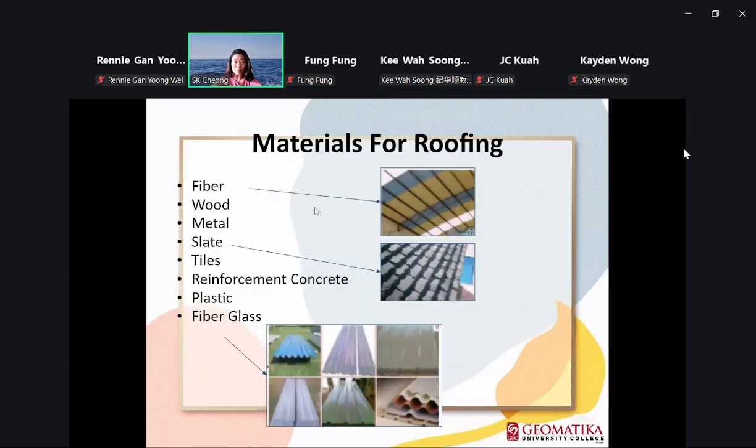So what about the materials for roofing? We have many types, just like materials for formwork. We have steel, we have wooden, etc. For roofing, we have fiber, wood, metal roofing. The very common types are clay or slate tiles, reinforced concrete RC flat roof, plastic roof, and fiberglass roof.